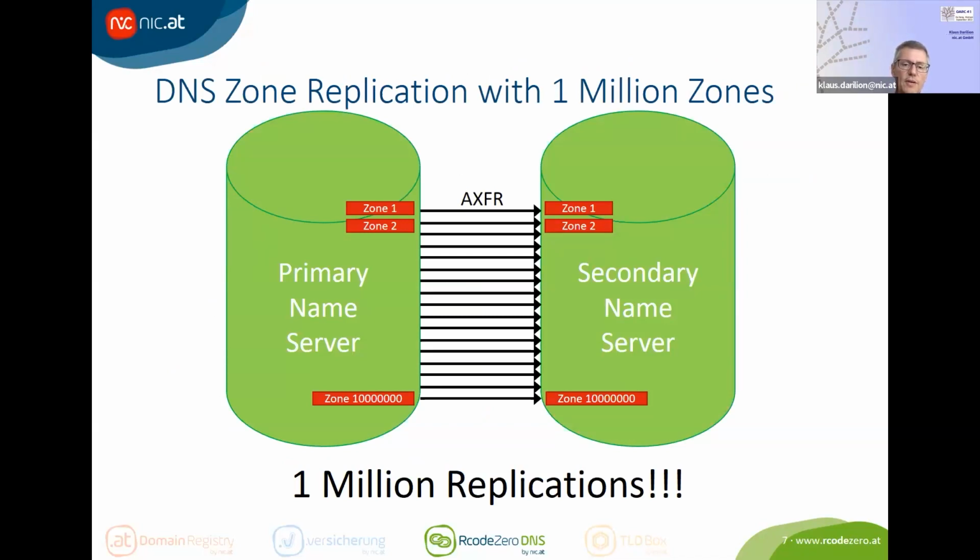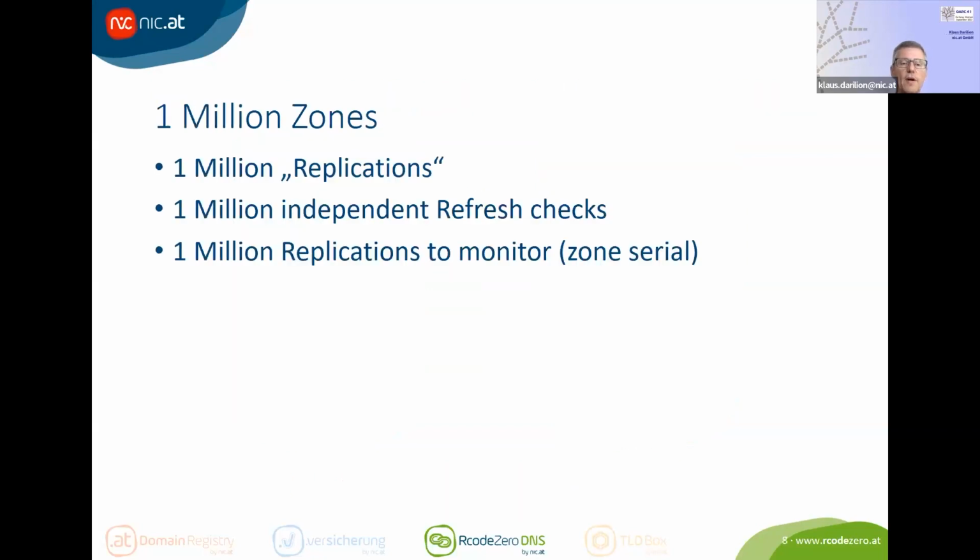Then, from the DNS protocol, we have not one replication, we have 1 million replications, because every zone is more or less independent from all the other zones. That means with 1 million zones, I have 1 million independent refresh checks.